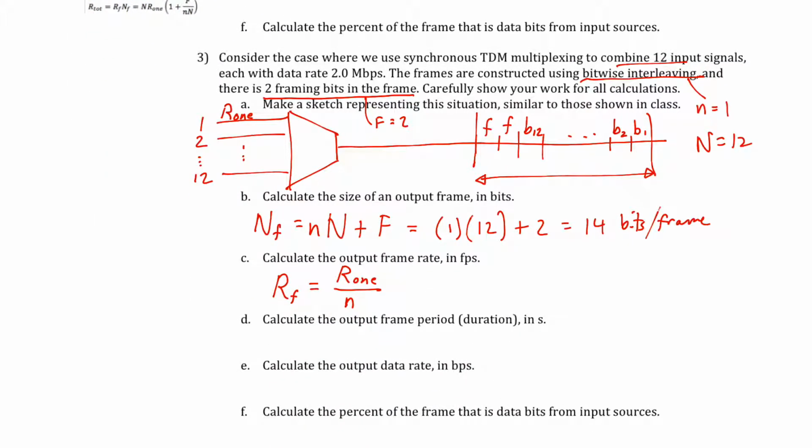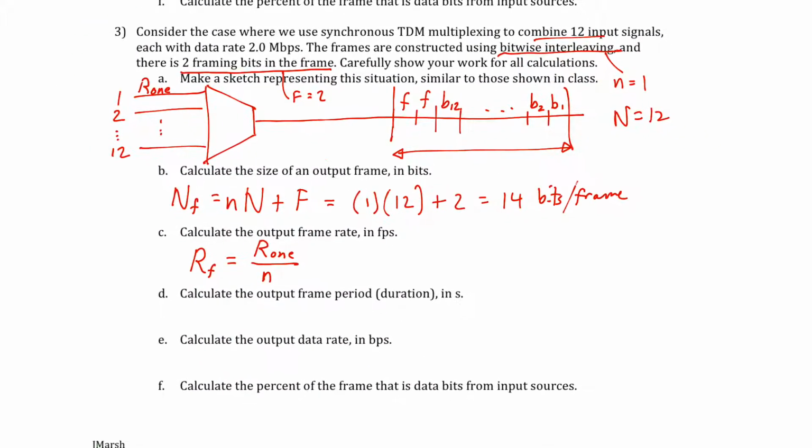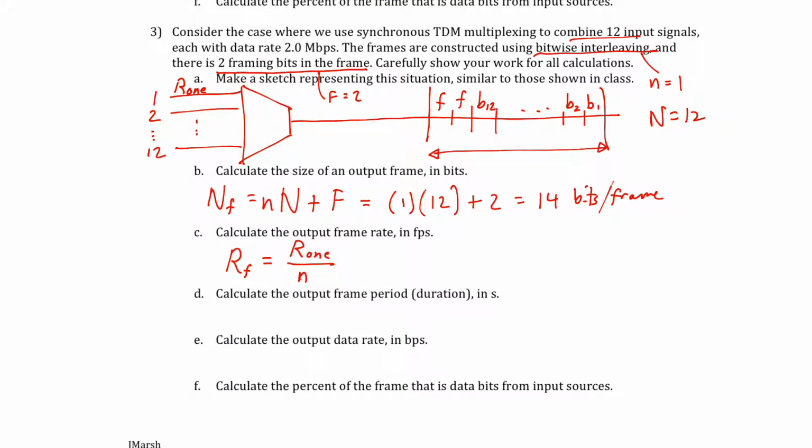And that's because, for example, in our case when n is 1, in the time it takes for one bit to arrive from one source, simultaneously a bit arrives from all the other sources.